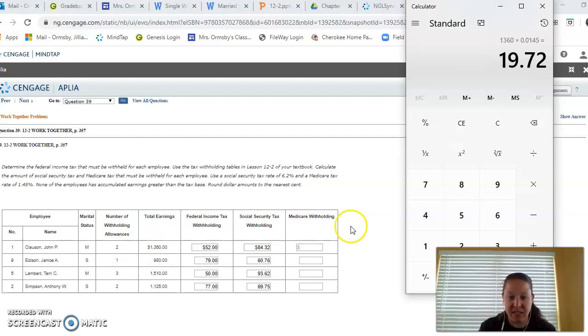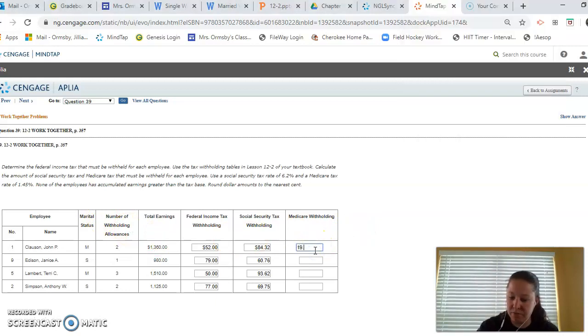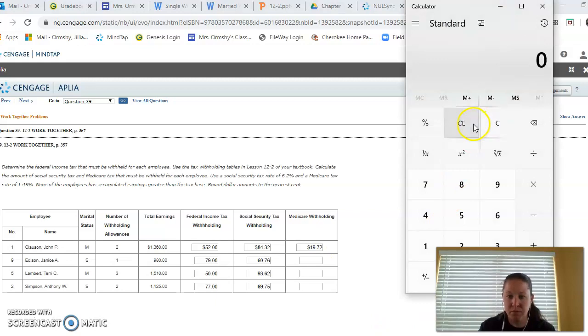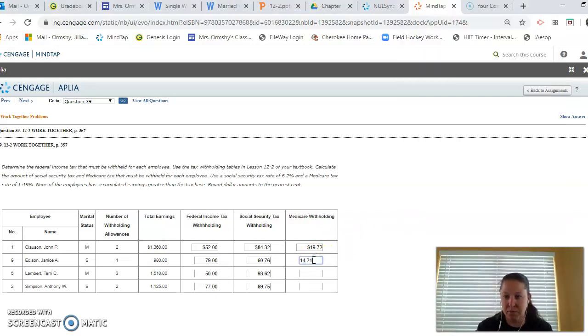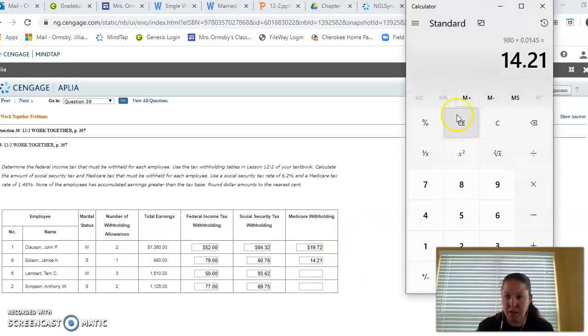And that's going to give us $19.72. Next, we have Janice, who made $980 in earnings. We're going to multiply that by 0.0145, $14.21. And then we have Terry, $1,510 times 0.0145.